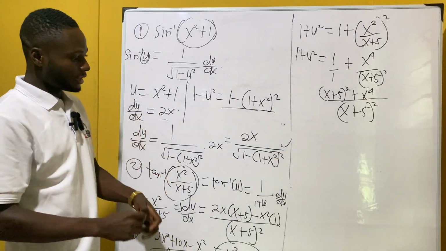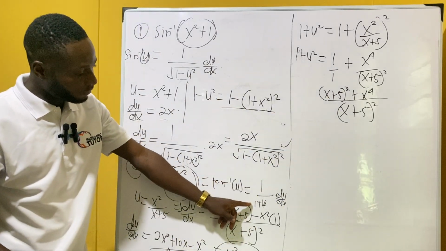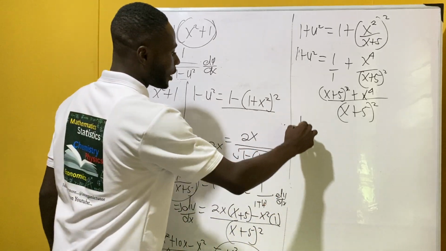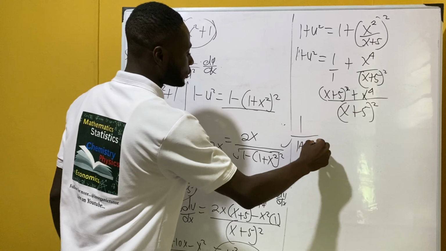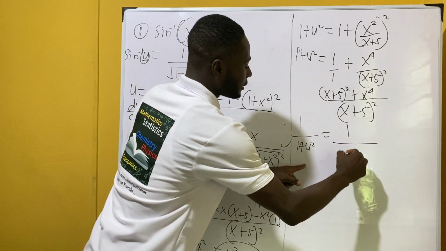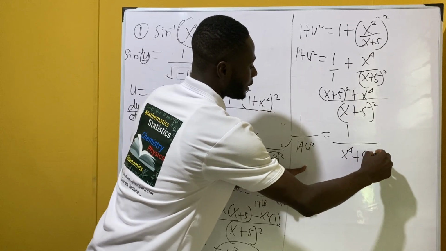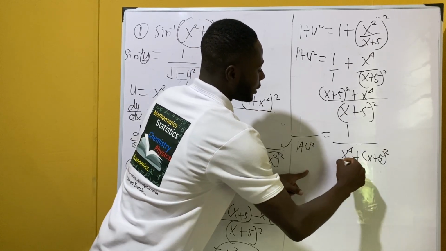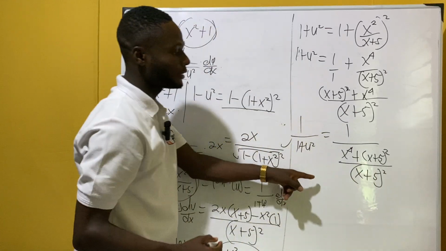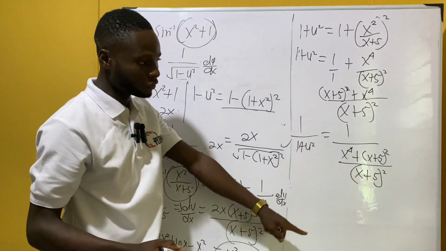So the formula says 1 over 1 plus u squared times du dx. So we have to take 1 over 1 plus u squared, and that is equal to 1 over x power 4 plus x plus 5 squared, all over x plus 5 squared. So we know that this 1 is of course over 1.